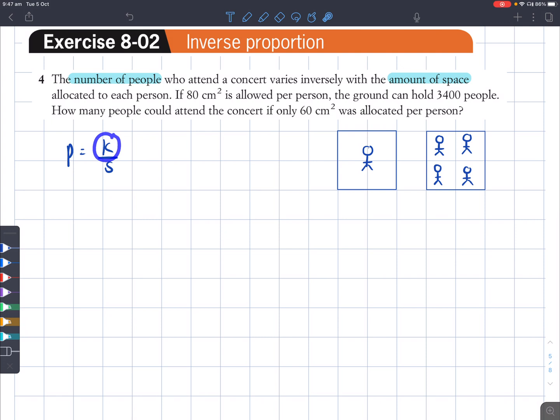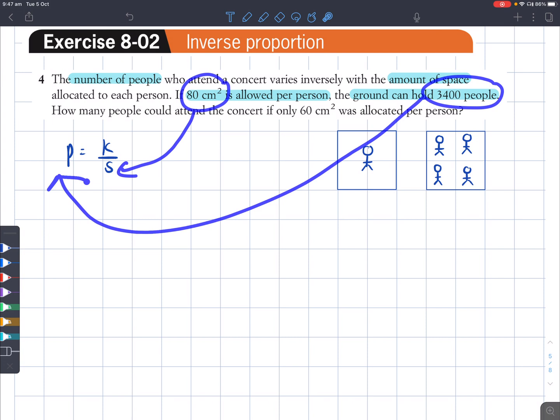And to find out K, you need to find out 2 things, which is a relationship between P and S. So it says here that if 80 square centimeters is allowed per person, then the ground can hold 3,400 people. So 80 represents the amount of space, and 3,400 is the amount of people.